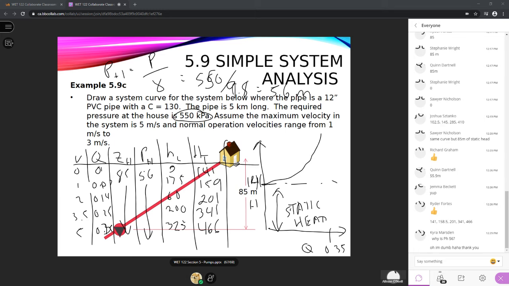You're not dumb, Kyra. There's a lot going on in these questions, and it's easy to lose track of all the steps and formulas that you know.